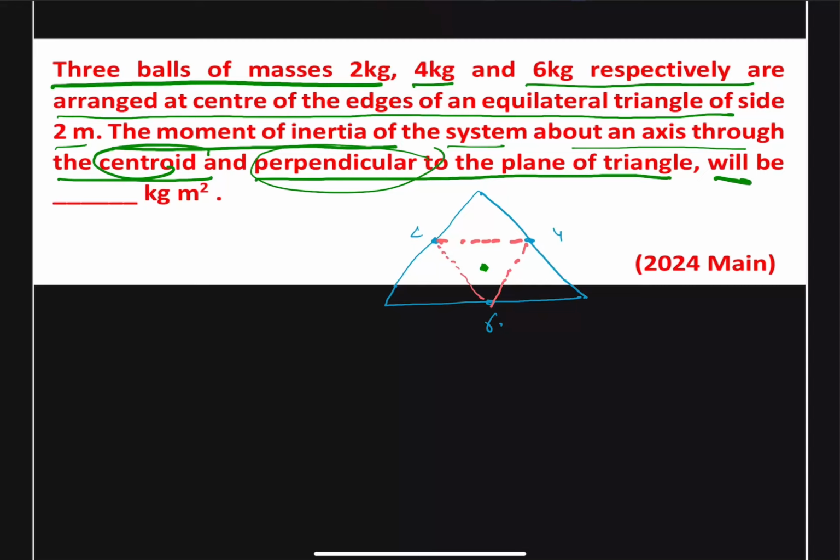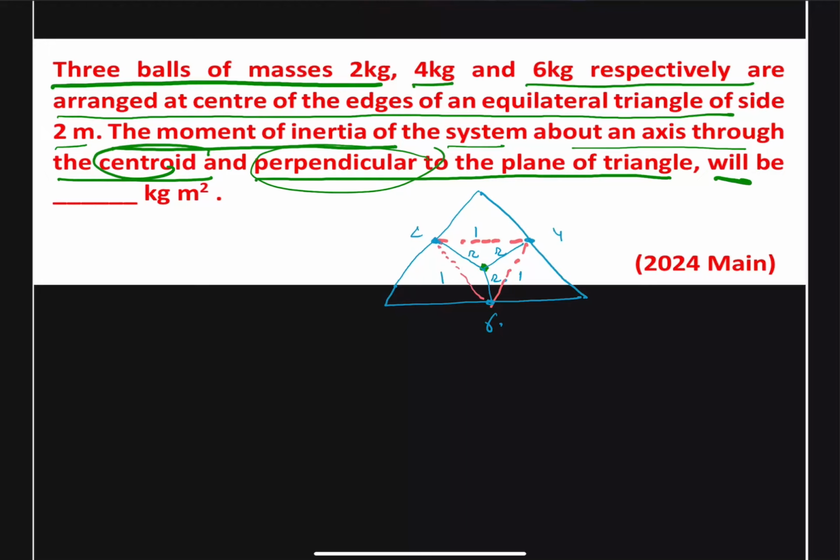and side of the equilateral triangle is given as 2 meter. Therefore, let me join the centroid. So if we join this centroid, and let us call this distance our r, and as it is an equilateral triangle, therefore the internal sides will be also 1 meter each.